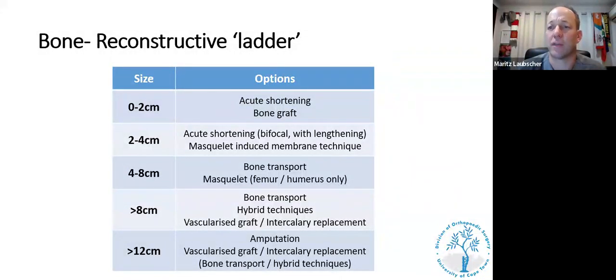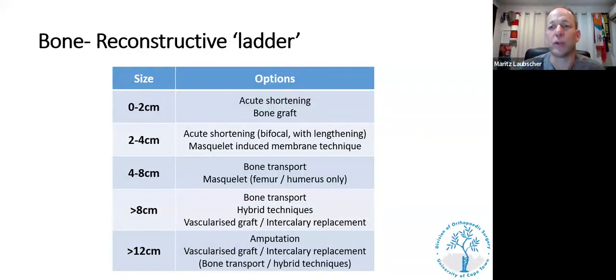For me, only in specific limb segments with good soft tissue cover. But if you would like to do Masquelet with the tibia, you should only really consider it for very small defects. 4 to 8 centimeters is really the ideal length for bone transport. Again, as I said, Masquelet you can consider in limb segments with good soft tissue attachments. More than 8 centimeters, we talk about bone transport.